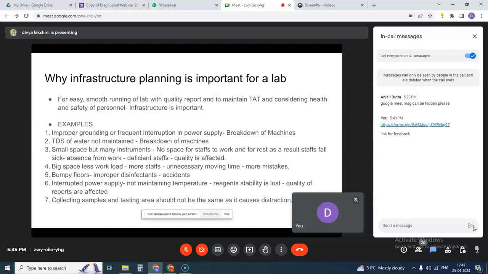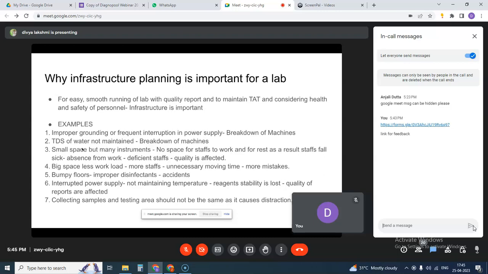If there is improper grounding or frequent interruption of power supply, there can be frequent breakdown of the machine. If there is frequent breakdown of the machine, results can be delayed and the quality of the reports can be affected. I told you in the previous slide, if the TDS of water is not maintained, again there will be breakdown of the machines.